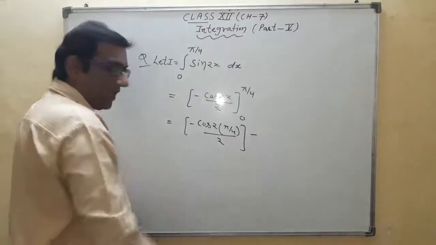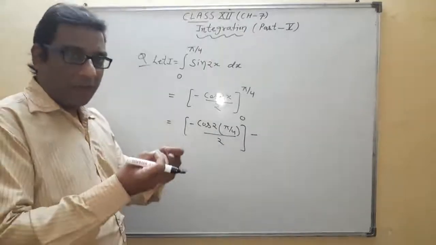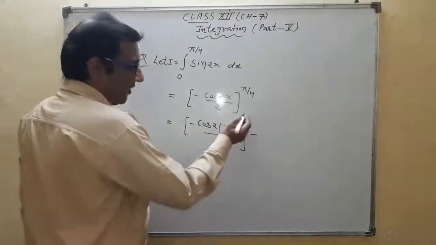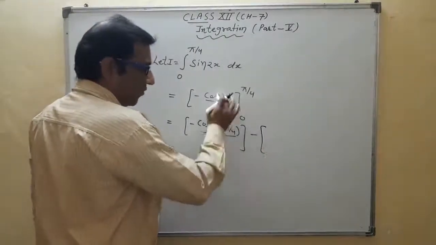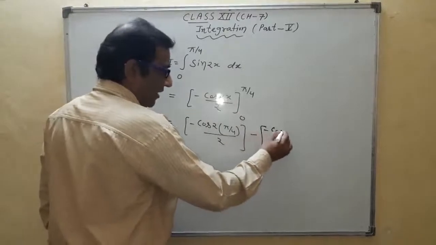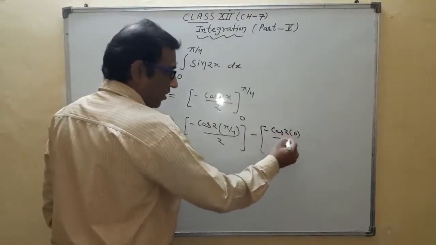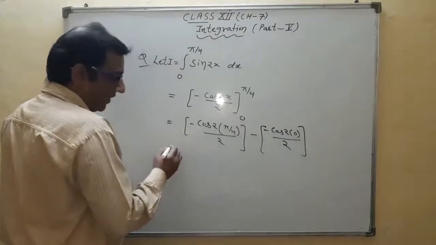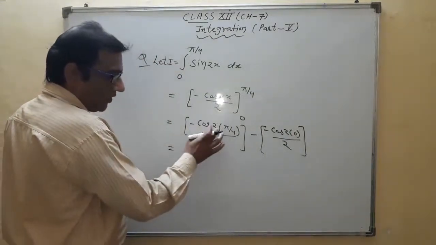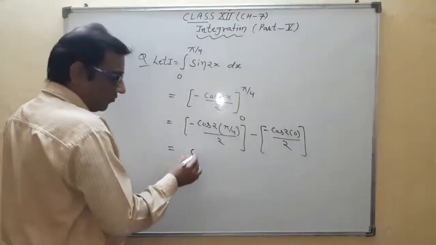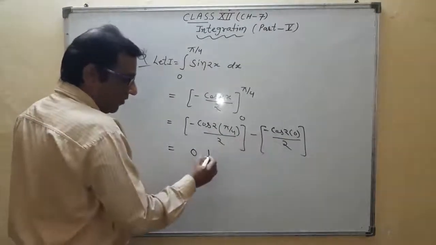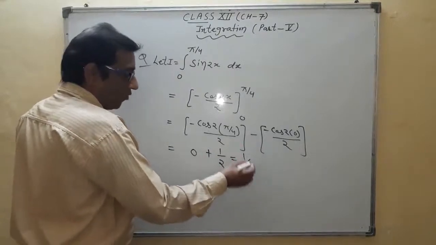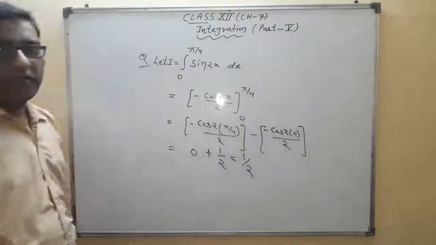Then we write a minus sign as per the second fundamental theorem of integral calculus. After that, we apply 0 in place of x, so it is cos(2 times 0) upon 2. When we solve it, 4 and 2 cancel, it becomes pi by 2, that is cos of pi by 2 equals 0, minus and minus make plus, and it becomes 1 by 2. So when we solve this question, we get 1 by 2.